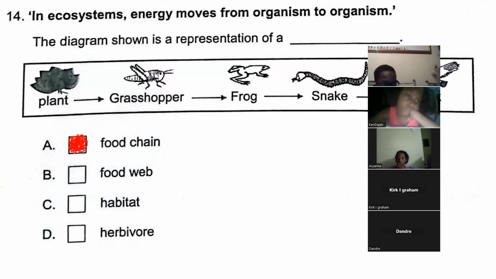The snake. The snake, very good. Javon, what eats the snake? The hawk. The hawk, very good.